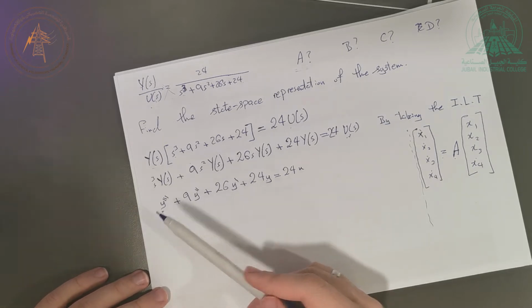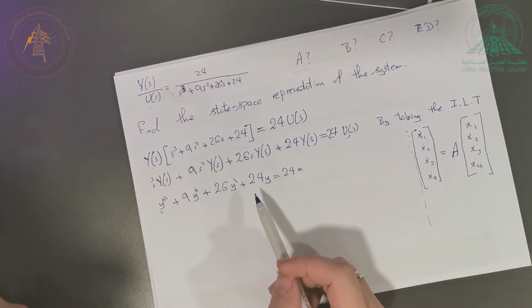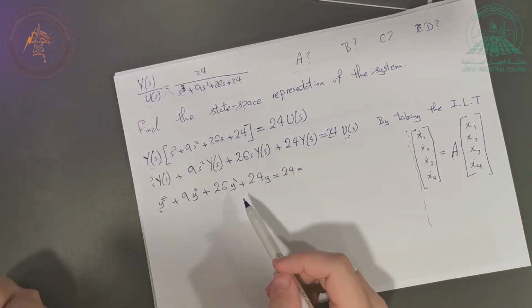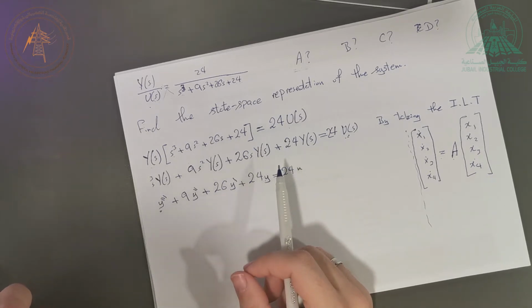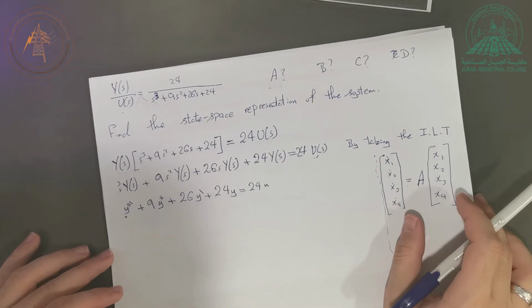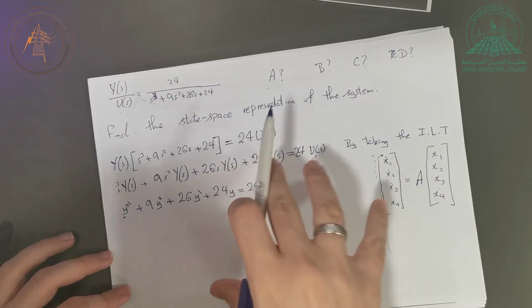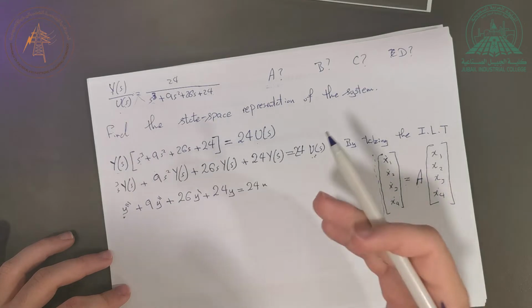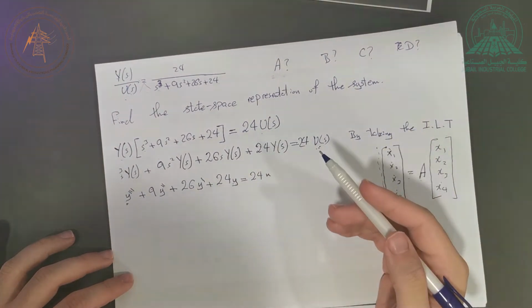Okay, Shabab. So the system here, if I ask you, if you remember the term state, what does it mean? The state is basically a variable that I need in order to describe the state of the system, right? So by knowing the state variables of the system, if I know the states of the circuit or the system right now, I can tell you what is going to be the state of the system at any point in the future, right?